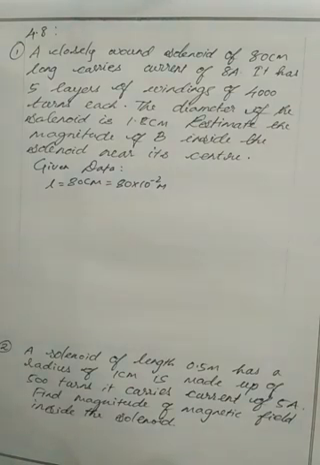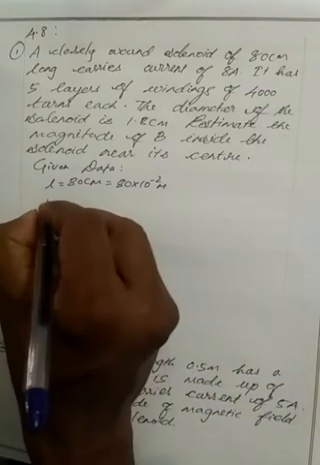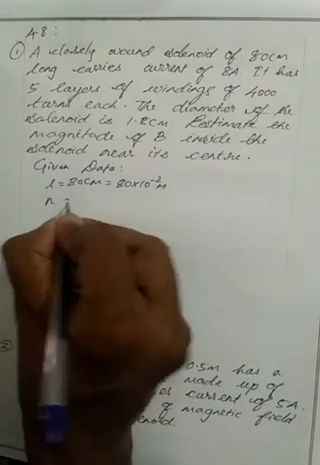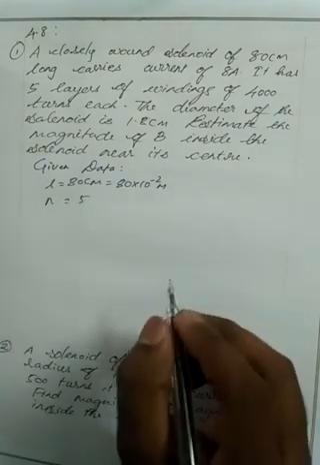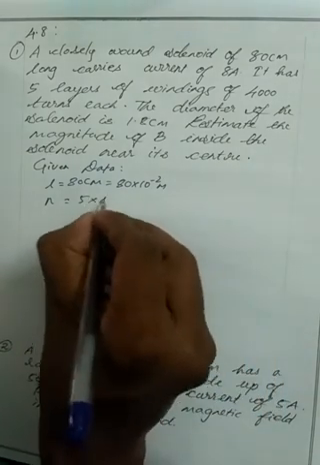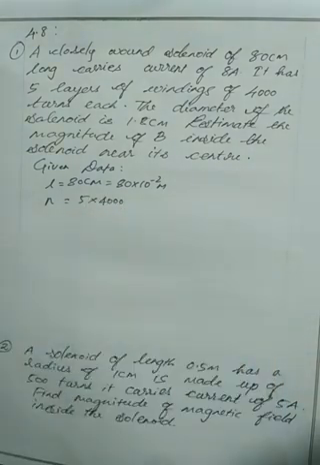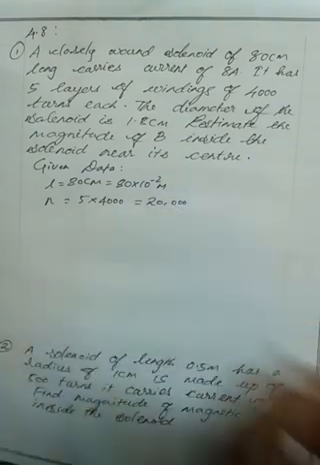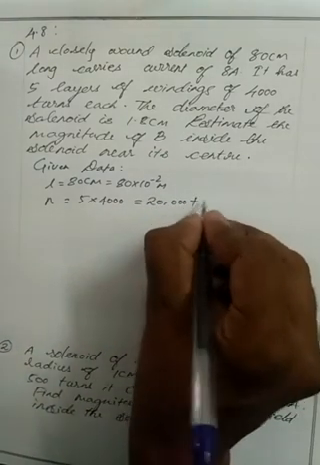It has 5 layers of windings of 4000 turns each. So winding means N, number of turns. So 5 layers. In one layer I have 4000 turns. Then in 5 layers I have 5 into 4000 turns. Right? So it will be equal to 20,000 turns.